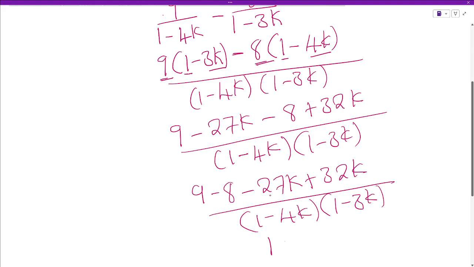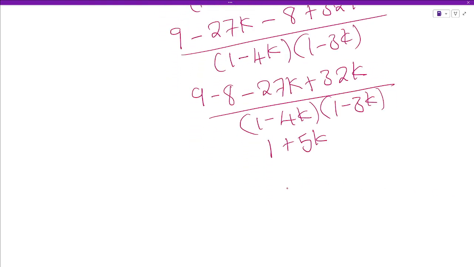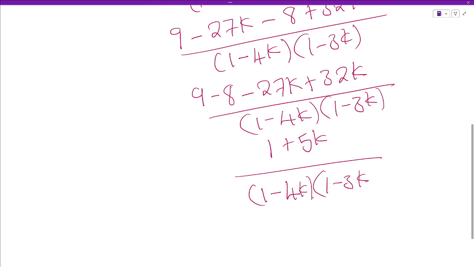Okay, there negative 27 plus 32, that gives us positive 5k. And then your denominators are still going to be 1 minus 4k and 1 minus 3k. And we are done. Can't simplify this one any further than that.